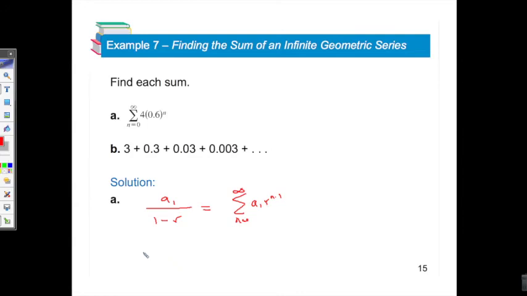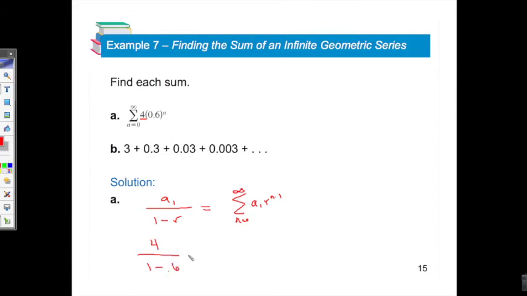Alrighty. Let's see. A sub 1 is simply going to be the first term of the expression. So that's going to be when I take my value right here in my expression, the 4. There it is. And then what I do is I put that over 1 minus the rate. The rate here is going to be a 0.6.